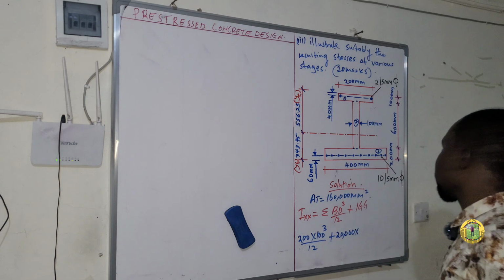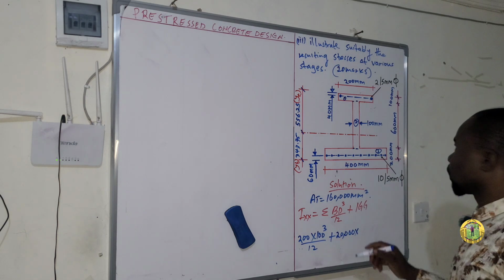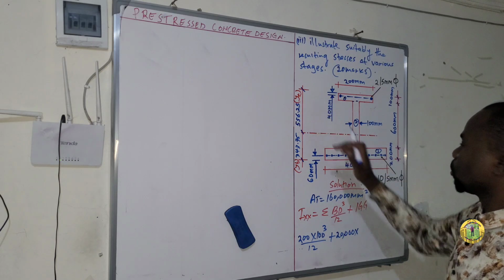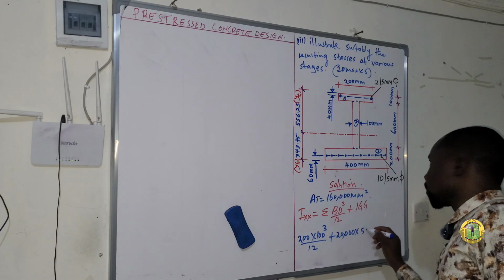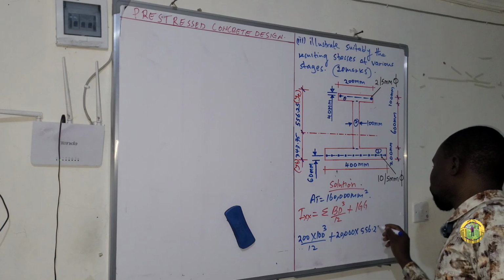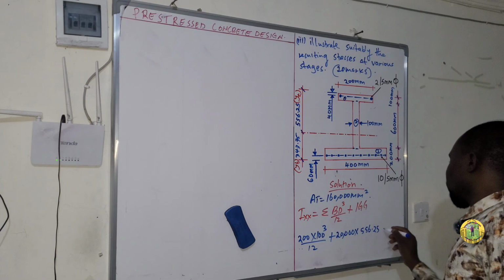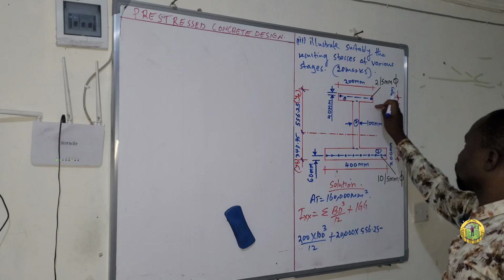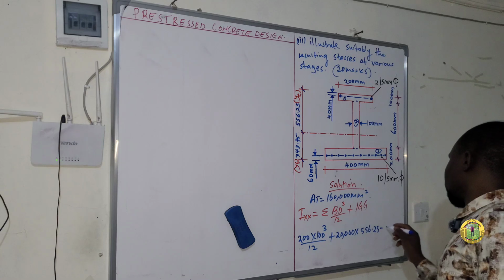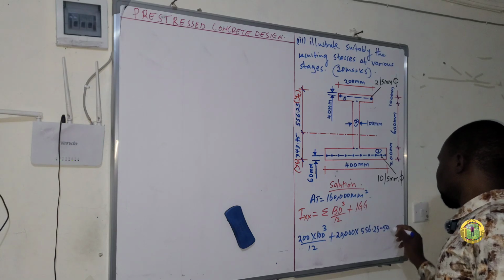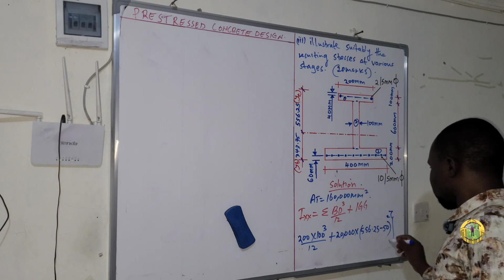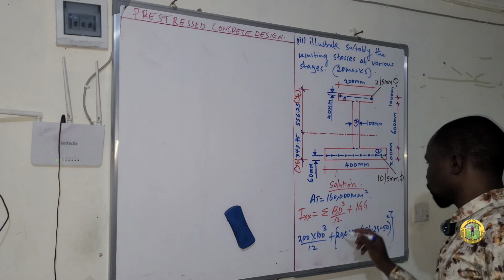Then you multiply by, you will take the y bar top, which is 556.25, then minus a half of this width, a half of 100, which is 50. So this one is squared.